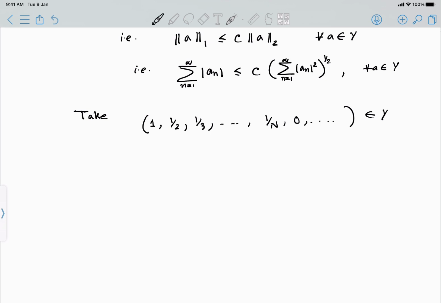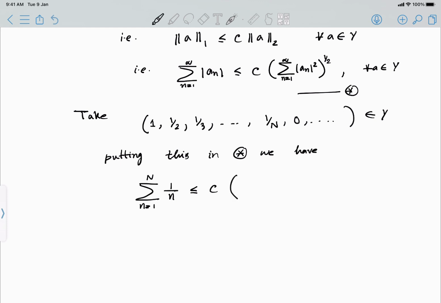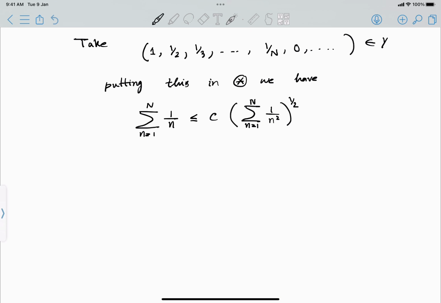So put this in this inequality. Putting this in, we have the summation from n equals 1 to n of 1/n should be less than C times the summation from n equals 1 to n of 1/n squared. Now we know that the right hand side is finite.